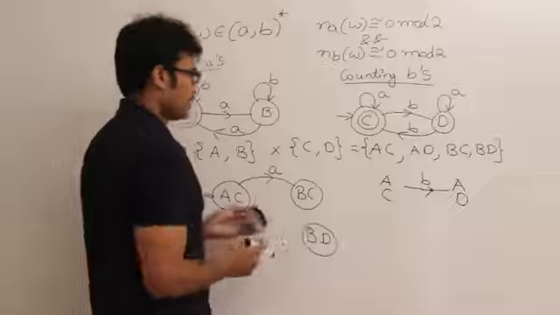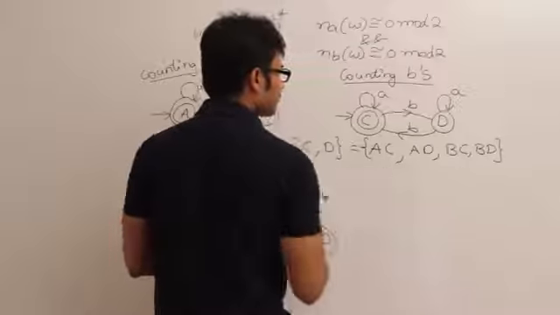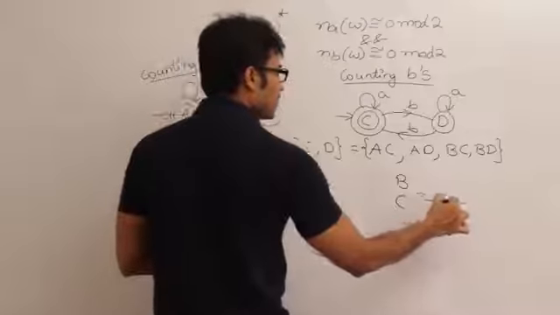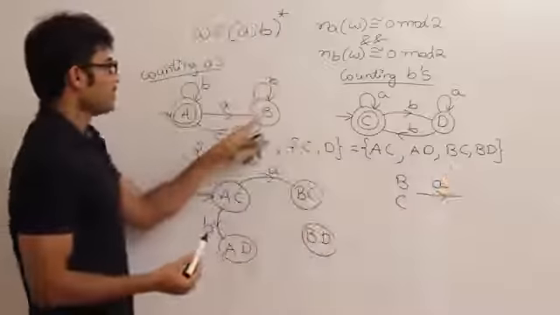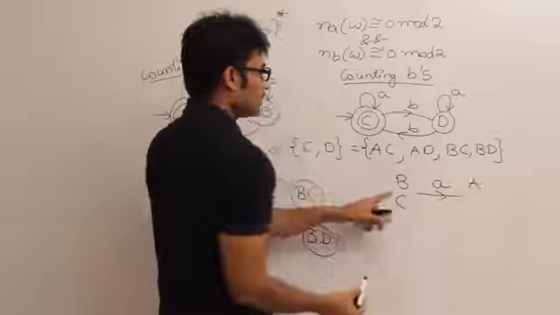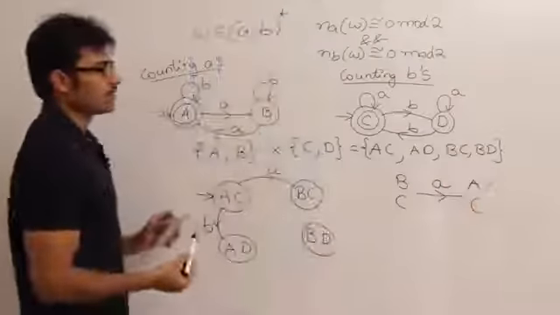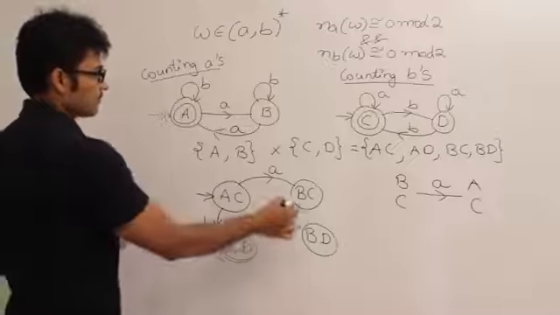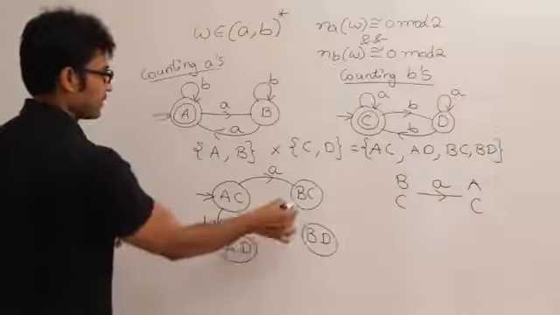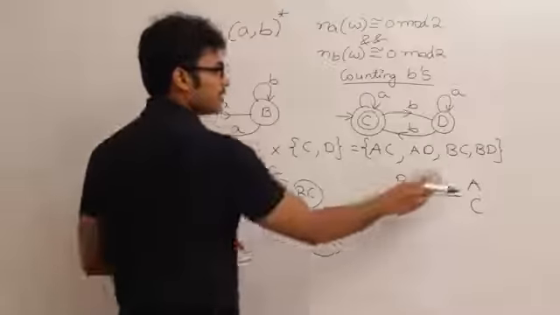Fine. Now let us talk about BC. BC on small a: B on small a goes to A, and C on small a goes to C itself. Therefore BC on small a goes to AC. Now what about BC on small b?